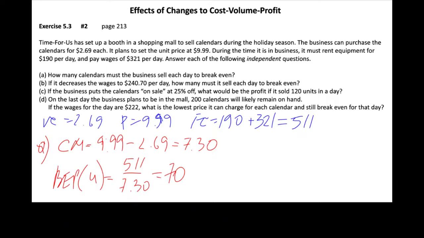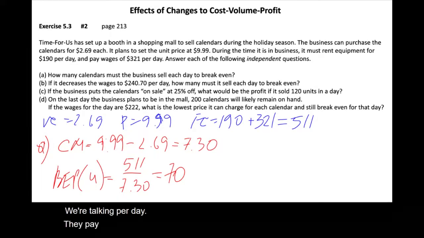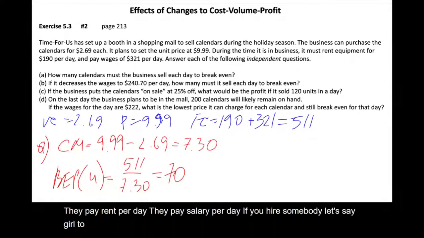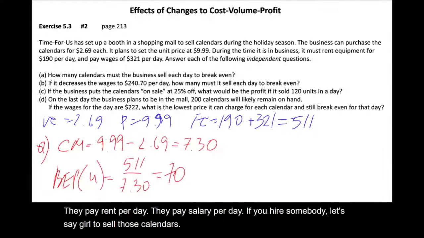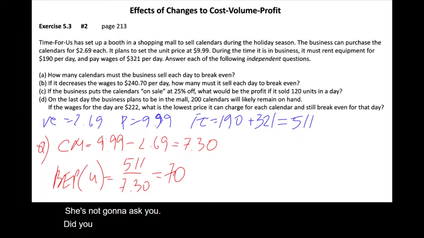Yeah, we're talking per day. Well, they pay rent per day, they pay salary per day. If you hire somebody, let's say a girl, to sell those calendars, she's not gonna ask you, did you sell or no? You have to pay her salary, right? Right.